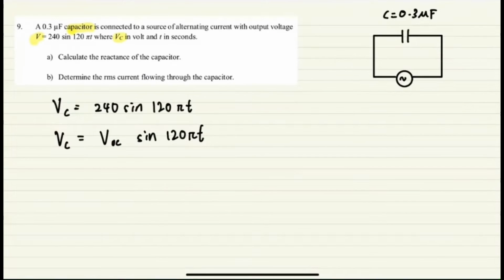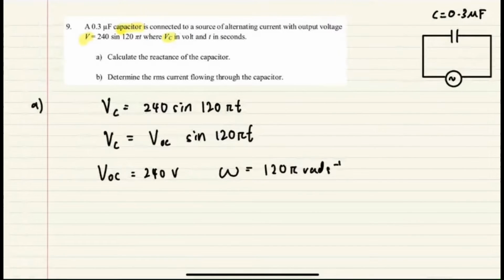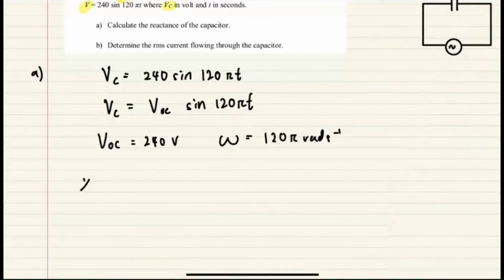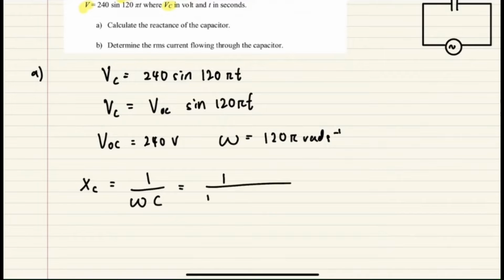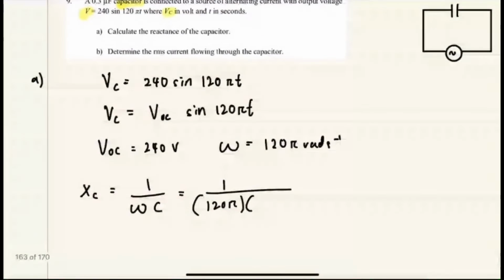So V not C equals 240 and omega equals 120 pi radian per second. Since the question wants the reactance of the capacitor, your XC equals 1 over omega C. The capacitance equals 0.3 microfarad.